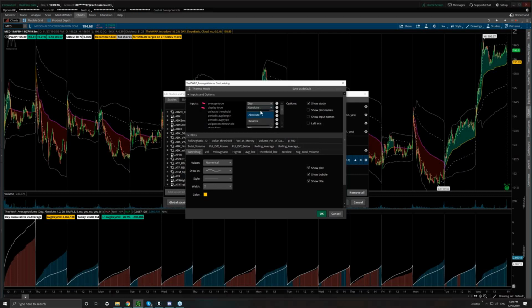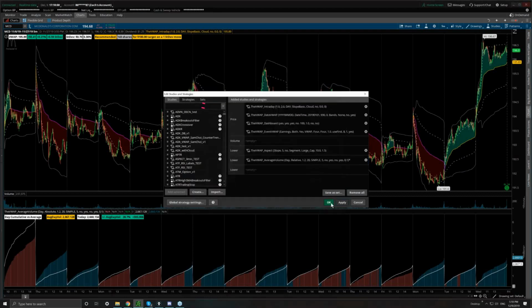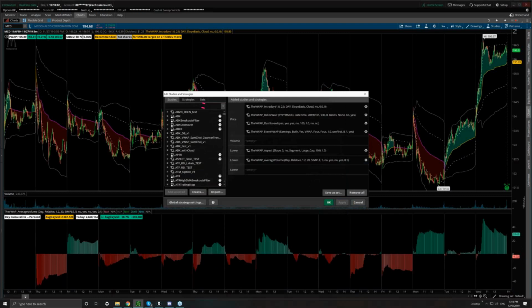If we were to change this to relative from absolute, what we're going to observe is that the indicator changes to reflect it on a relative or a more comparison basis. So notice that it's only going to describe whether we are above or below average, like an oscillator or like an indicator.